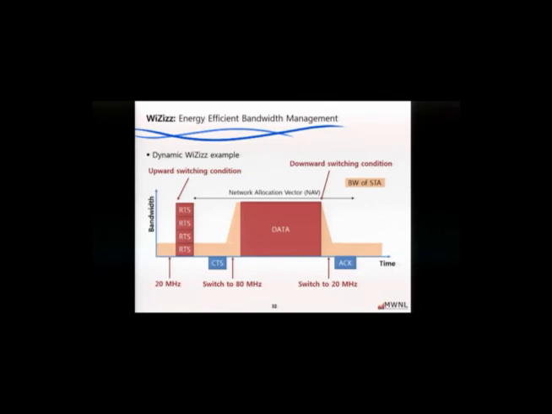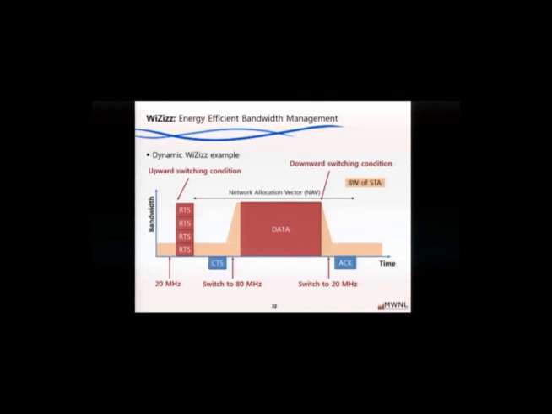Okay. So again, the idea is really simple. If you take a look at this, with baseline or 11AC operation, this is for data transmission and reception. But while data reception and transmission is not occurring, even during channel sensing, the full bandwidth is used.